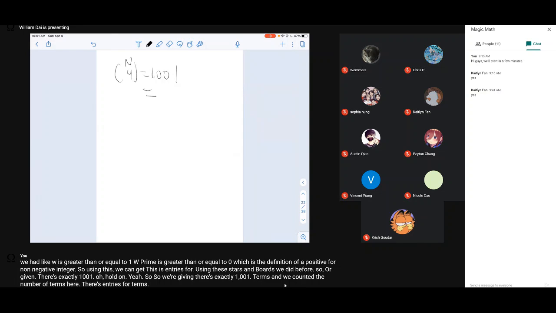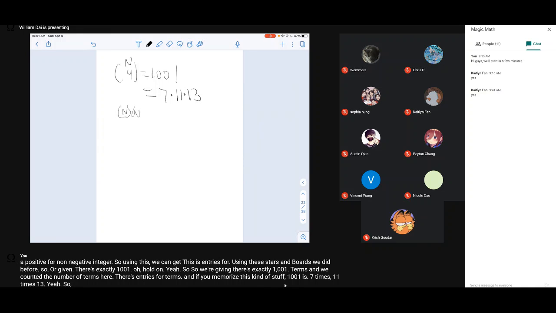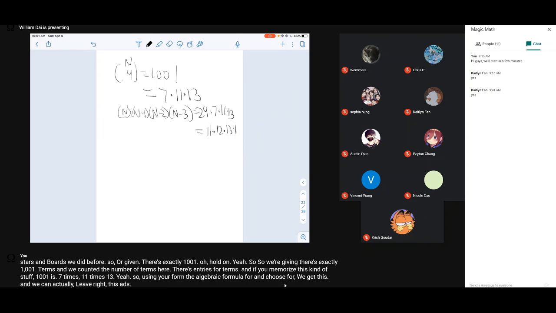If you memorize this kind of stuff, 1001 is 7 times 11 times 13. So using the algebraic formula for n choose 4, we get this, and we can rewrite this as this, and it's obvious now n equals 14.